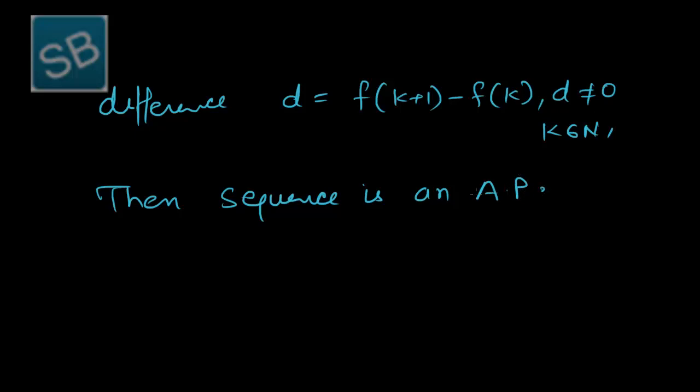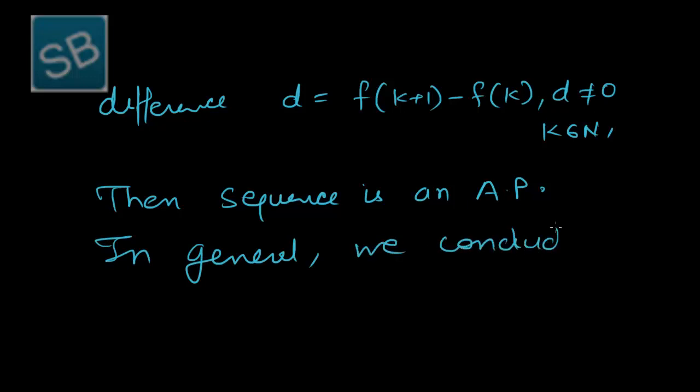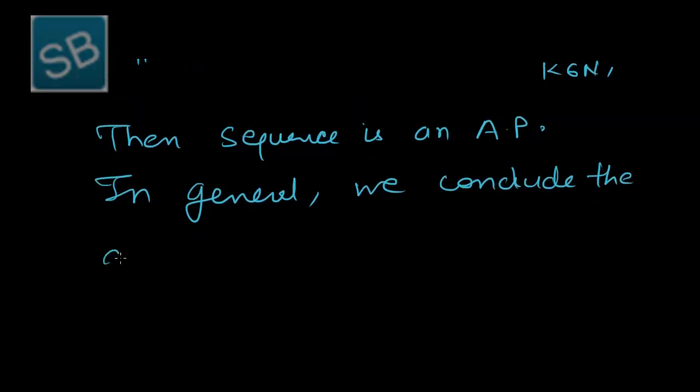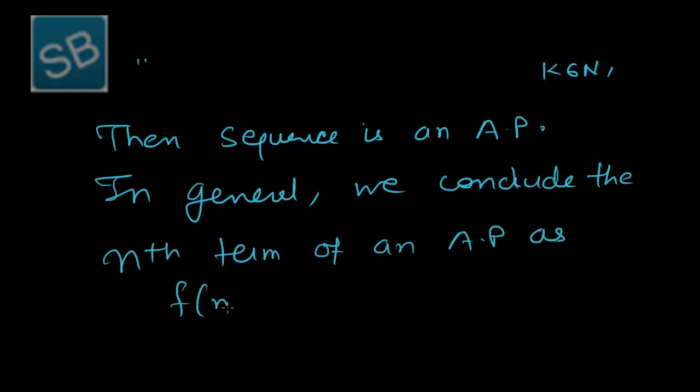So in general, we conclude the nth term of an AP as f of n is equal to a plus n minus 1 times d, that is the general term Tn of AP sequence.